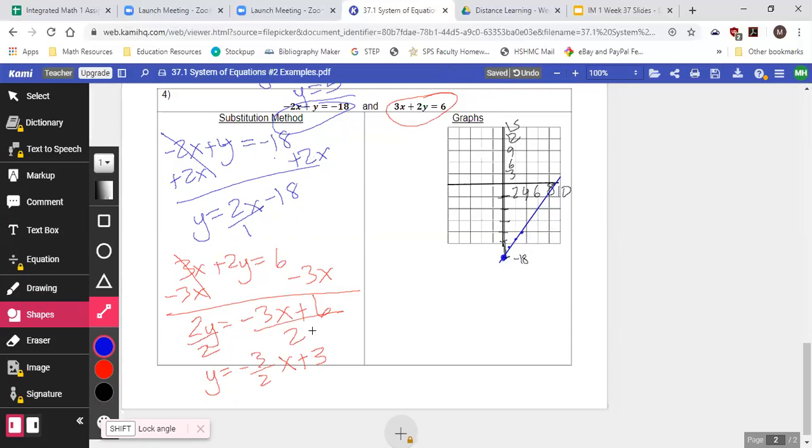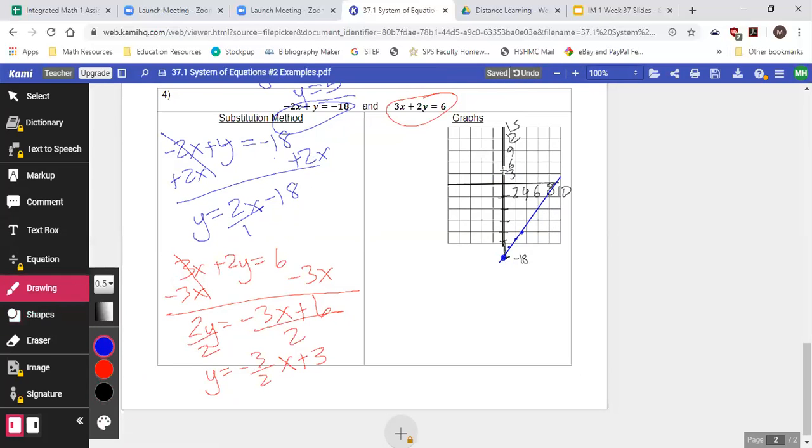And then for my other graph, I have -3 halves x plus 3. So I'm going to start at 3 for my y-intercept, and that's up here. And then I go down 3 and over 2.